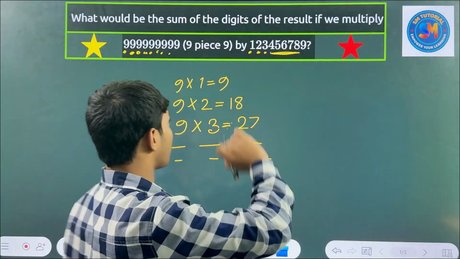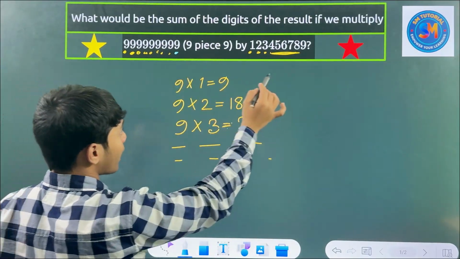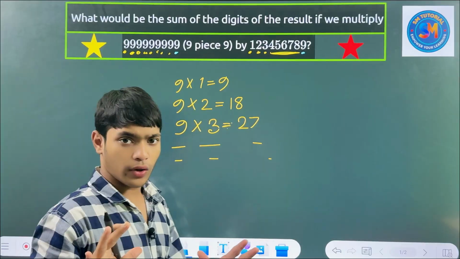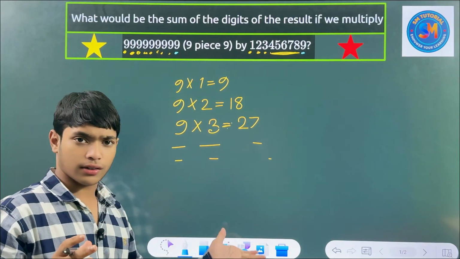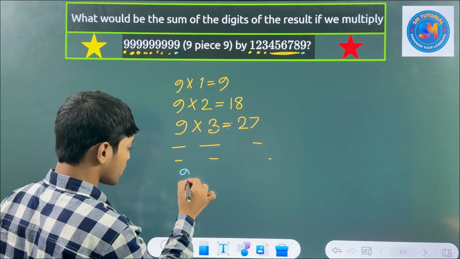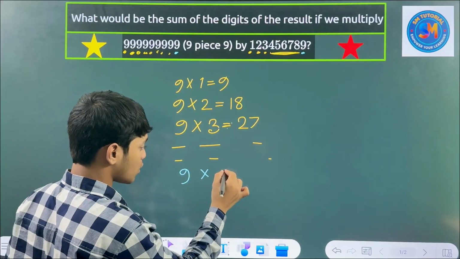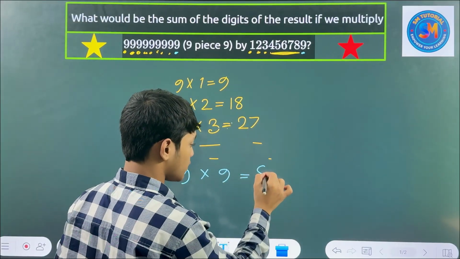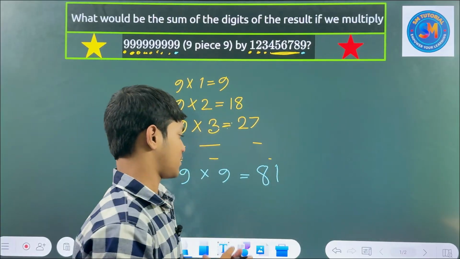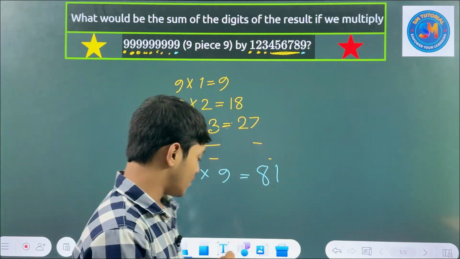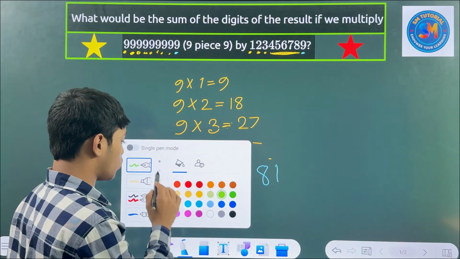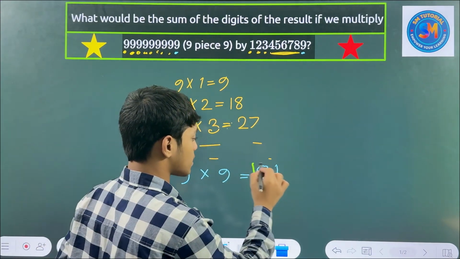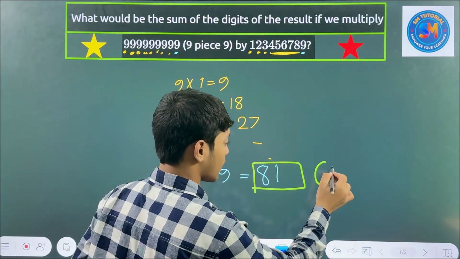And then after doing this 9 and this 9, at the last we can write here 9 into 9 equals 81. And do you know, this 81 which we got, this is actually our answer.